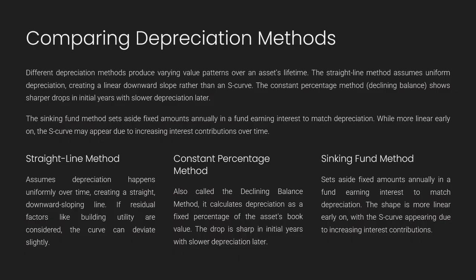The constant percentage or declining method shows a sharper drop in the initial years with slower depreciation later. The sinking fund method sets aside fixed amounts annually in a fund earning interest to match depreciation, while more linear early on, an S curve may appear due to increasing interest contribution over time.